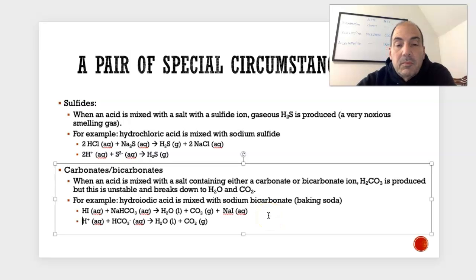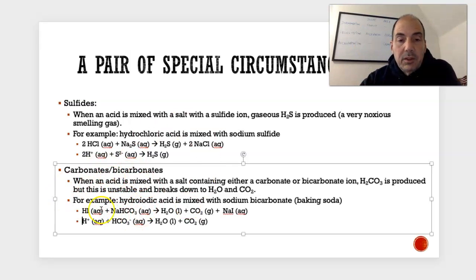So what we have is this acid, and let's pretend for the moment that this is our base. We're getting water and we're getting a salt, but we also get that carbon dioxide thrown in here, okay? So the net ionic would have hydrogen plus the bicarbonate ion making water and carbon dioxide. So those are special reactions you've got to be aware of, especially this one. The carbonate-bicarbonate one comes up frequently.